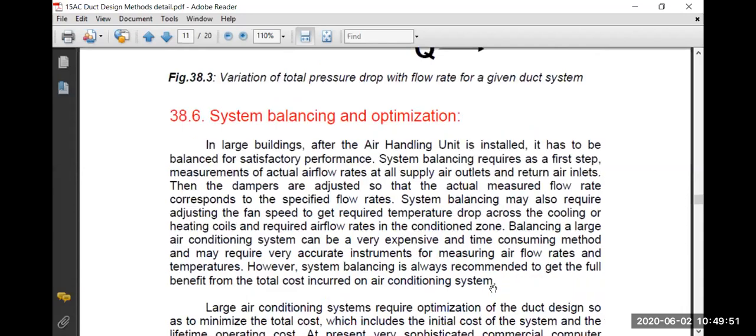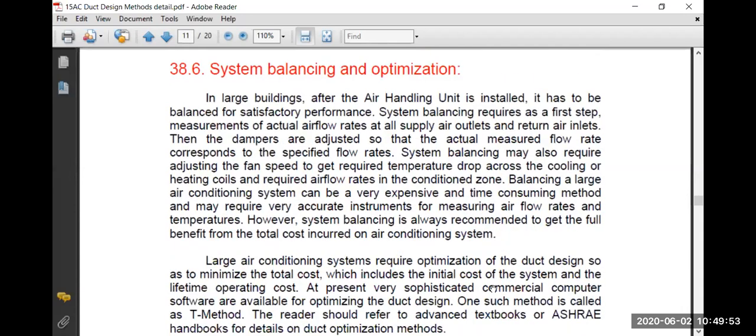Now, system balancing we will discuss. System balancing is a very, very technical job and a very expensive job. There are specialized contractors or air conditioning consultants who perform this job, and it is not free, it is very expensive. They need to purchase expensive equipment, they need training of expensive engineers who are paid higher salaries and who need special training, and every training needs money, every instrument needs money, every engineer has to be paid.